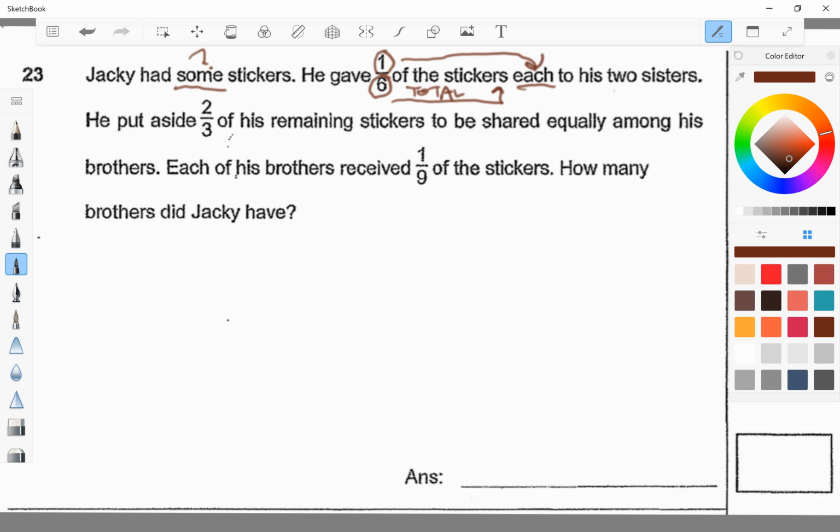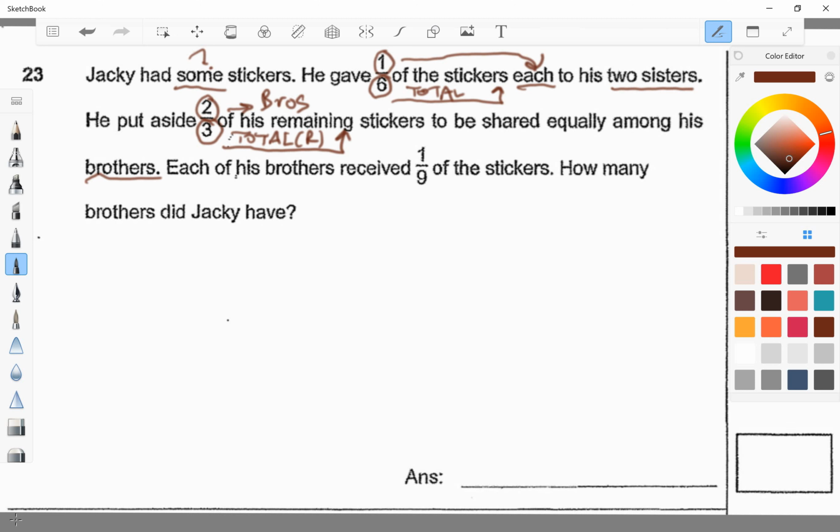So we know that Jackie has 2 sisters. He put aside 2/3 of his remaining stickers to be shared equally among his brothers. So the number 3 tells us that the total remainder has got to be 3 units. And the numerator 2, I will point it to the word bros, because as of now, I do not know how many brothers there are.